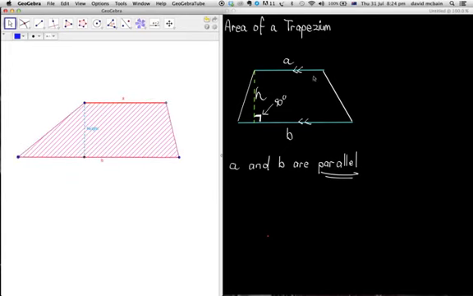So there's a very simple formula we can use.